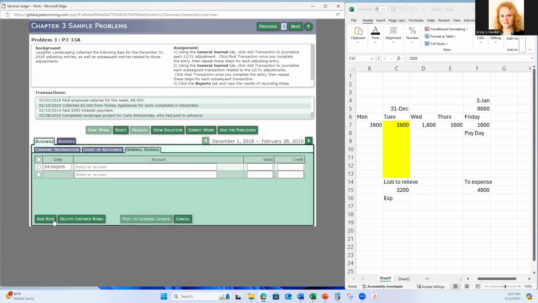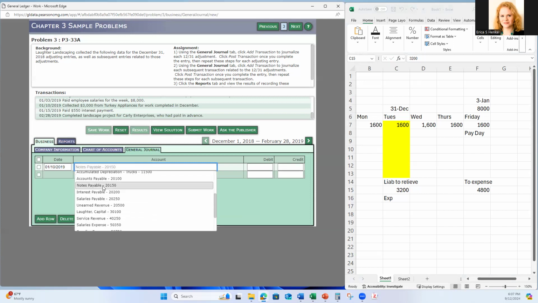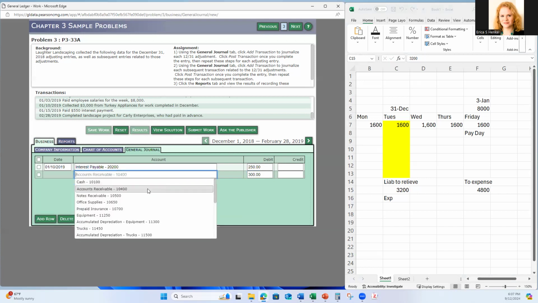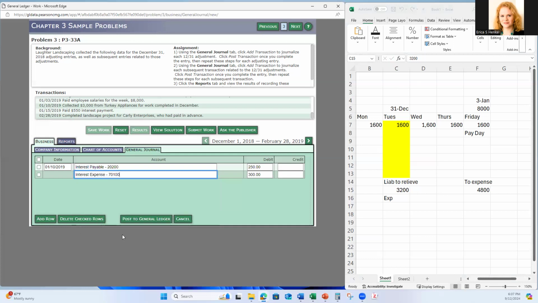So we're going to add transaction, and we are going to debit that interest payable account for the $250 that was already recorded on 12/31. And then the remaining $300, so $550 minus the $250, is going to get expensed to interest expense. All right, and then we're going to add a row here to show the cash part of this.